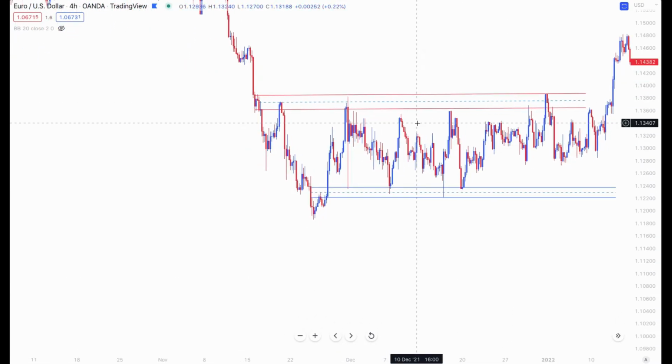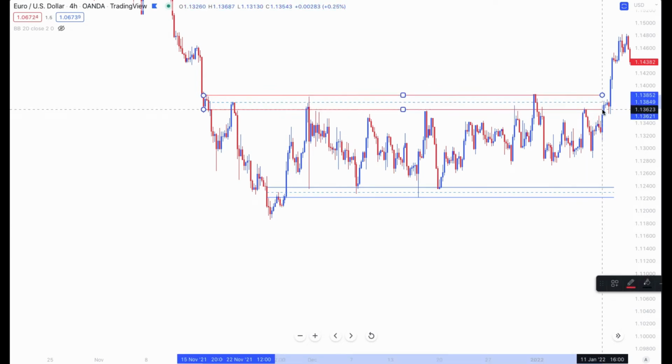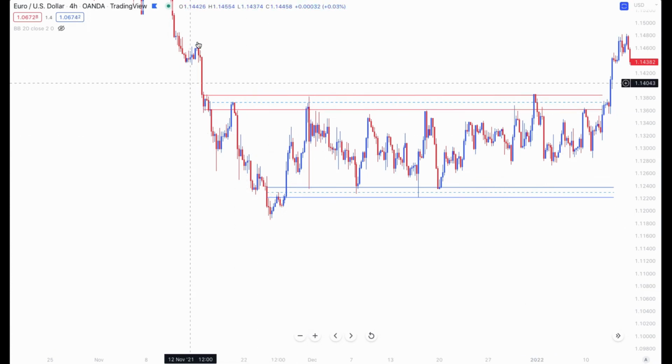What do we see price doing? What do we actually see it doing? Okay, we have obviously had price come down, right? Meaning the supply is outweighing the demand. Okay, it comes down, pierces back up into the same area right here.